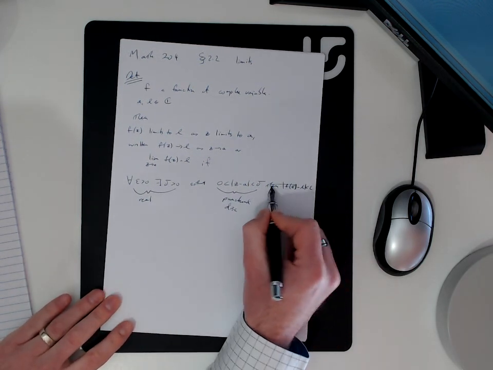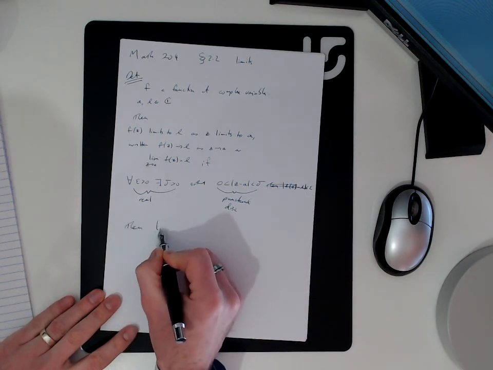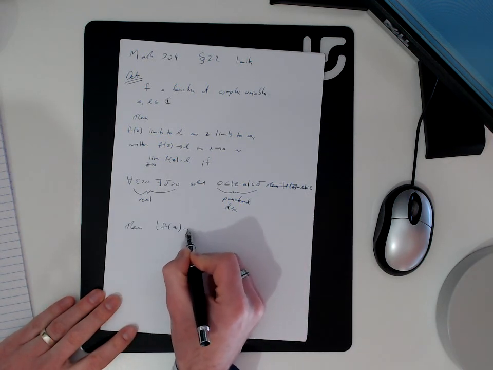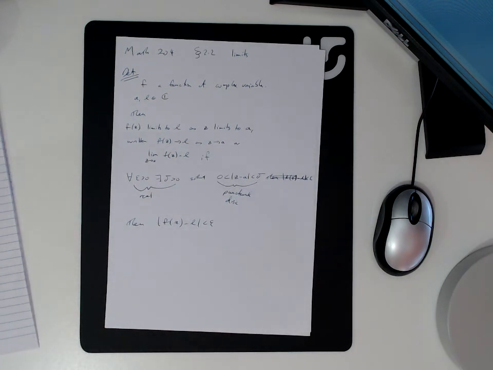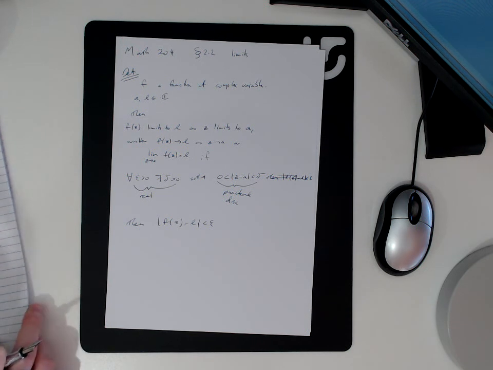Let me just rewrite that out. You can rewrite this in terms of neighborhoods, and I suggest you do that. It's an interesting exercise that's well worthwhile.